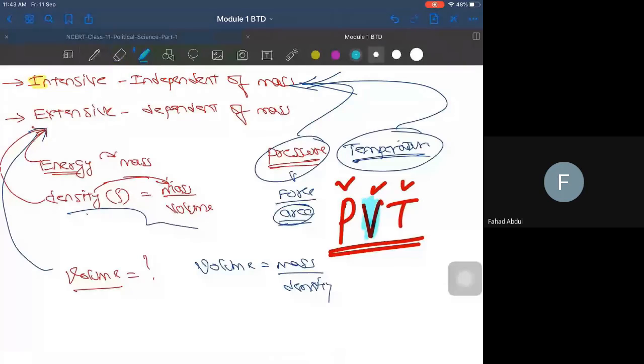Volume. So volume is the extensive parameter. The other two, pressure as well as temperature, will be intensive in nature. Hope this is clear for you, intensive and extensive. Shall we move further? Yes, sir.